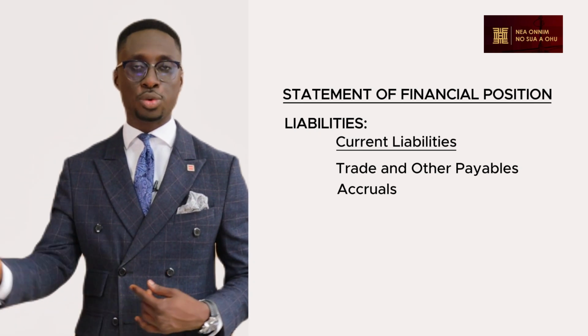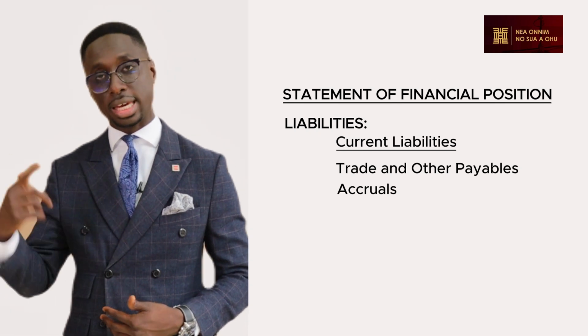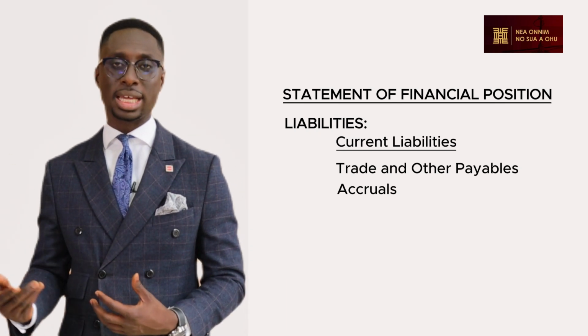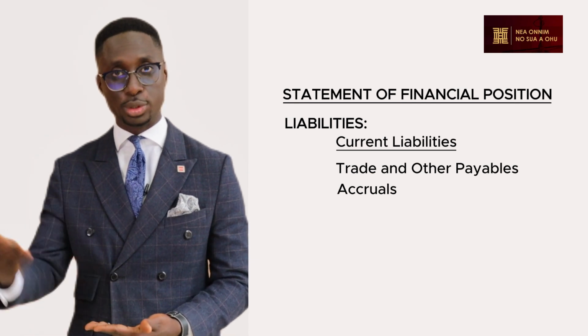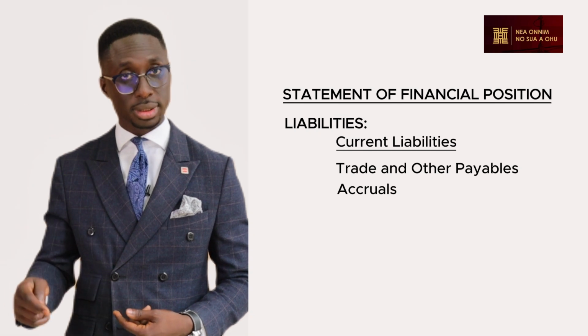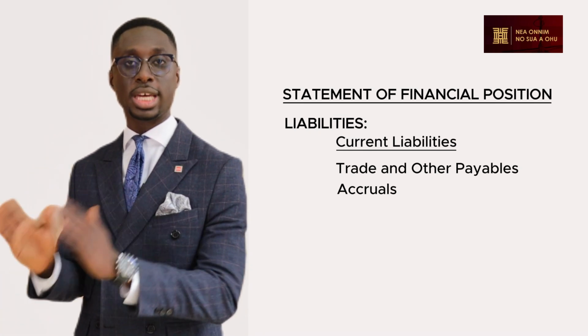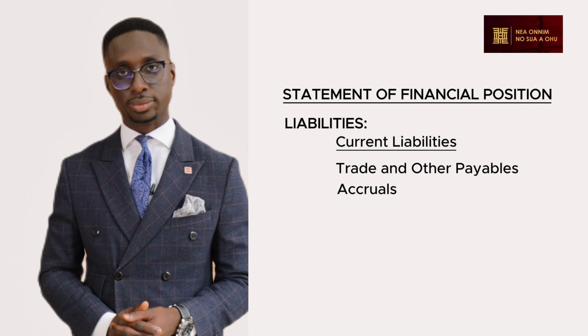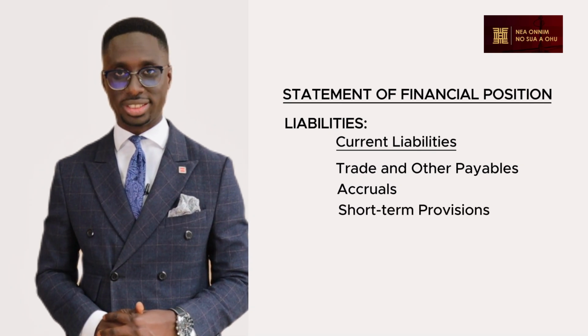And so accruals there will be all the expenses incurred for which your suppliers are yet to provide you an invoice or a bill to cover. So based on, again, the prudence concept, you need to accrue for those expenses. So that is accruals. Now let's look at short-term provisions.